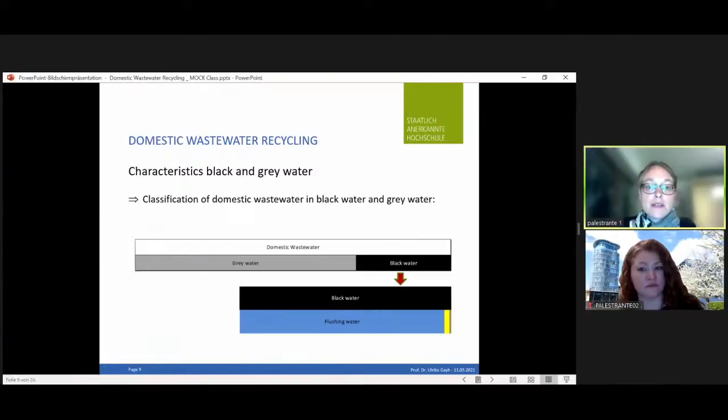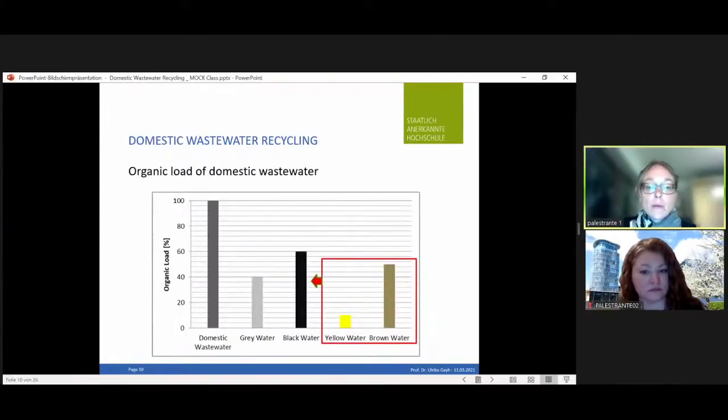More into its characteristics. So when you talk about pollution of the wastewater, you always have the organic load as a main criterion. That is what is really polluting our wastewater.